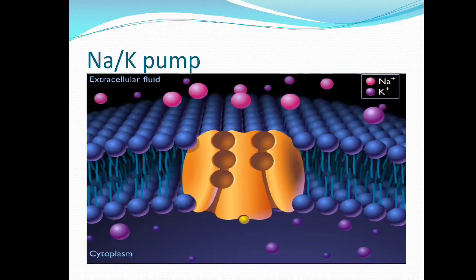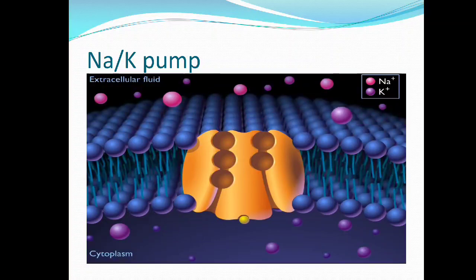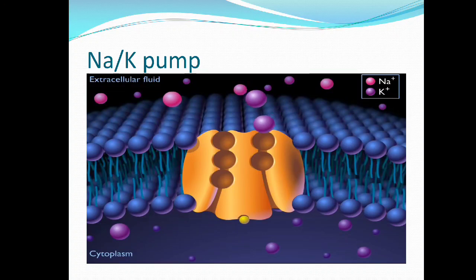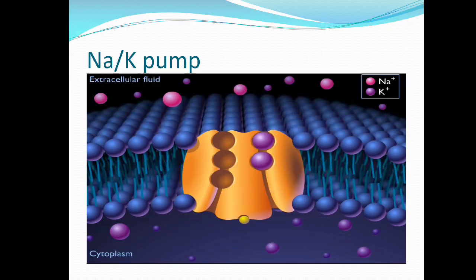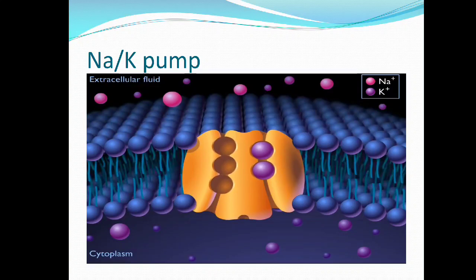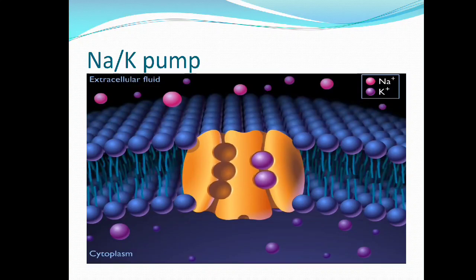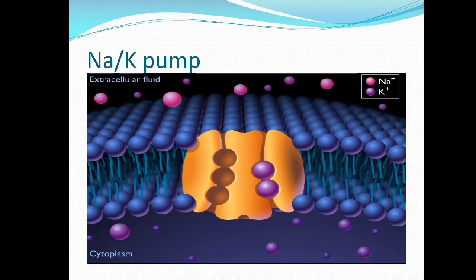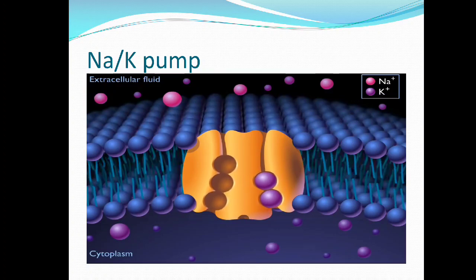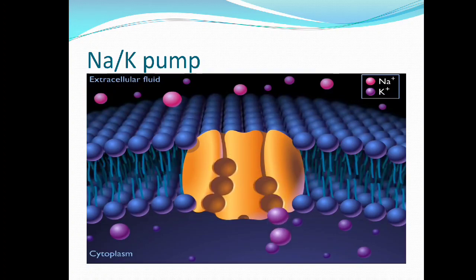Still, that protein is in the other conformation, so it takes in the two potassium ions, two balls inside, and they are moved into the cell. So you can observe here those ions. At the same time, the phosphate is released from the protein, and the potassium ions move into the cell.